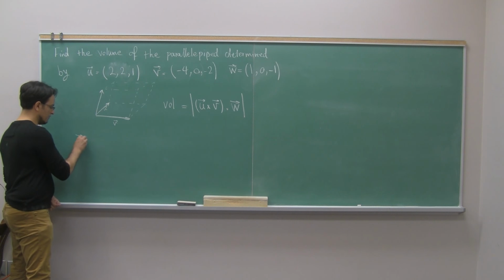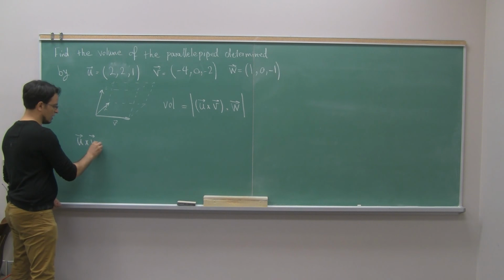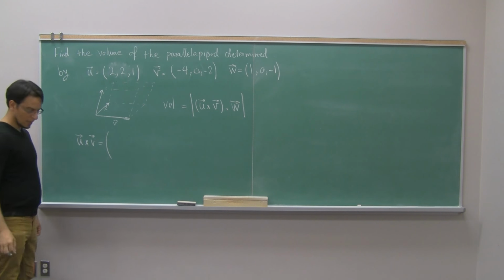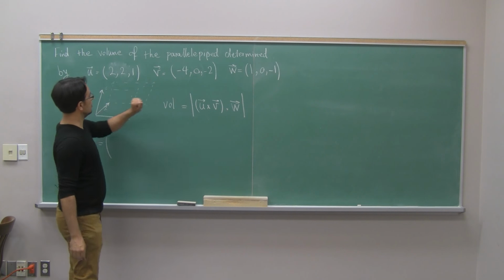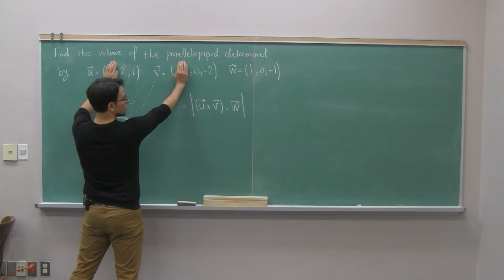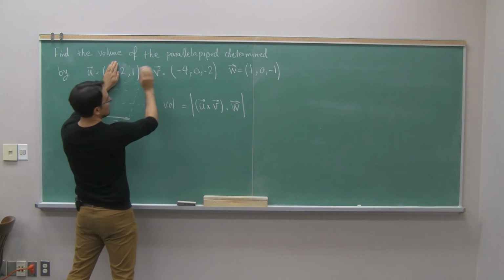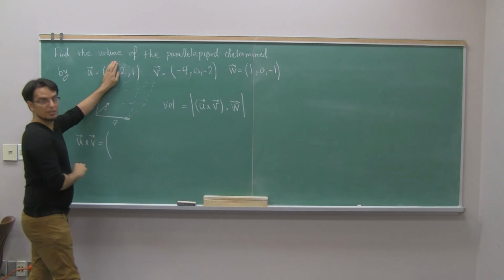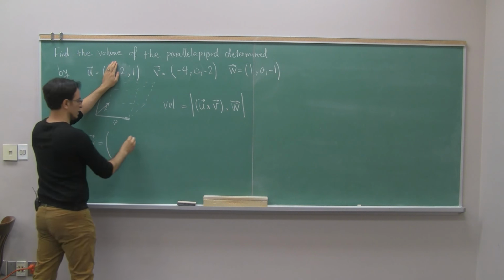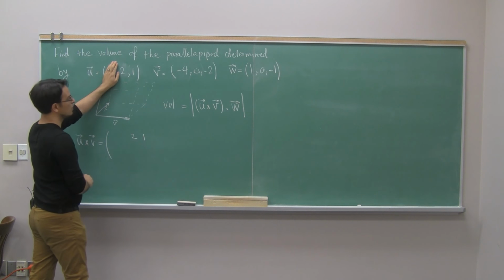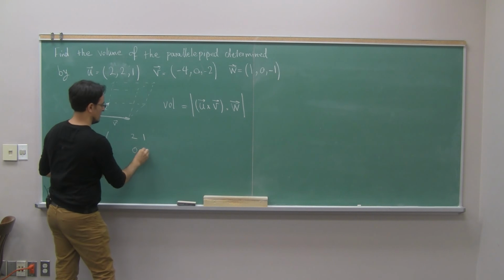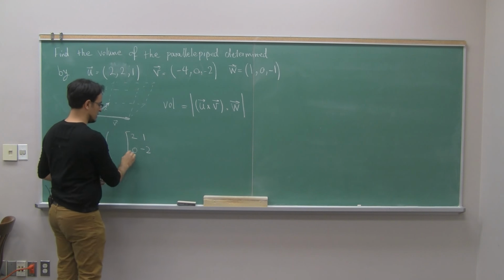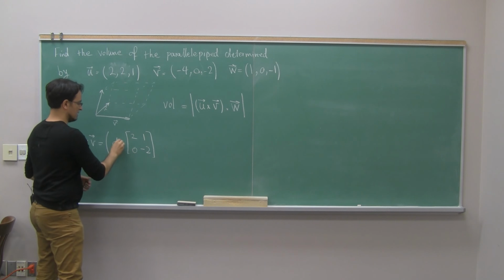So let me first find U cross V. How do we do U cross V? These are two vectors. Cover the first component, then put the remaining components of the first vector in the first row and the remaining components of the second vector in the second row of a matrix, then find its determinant.